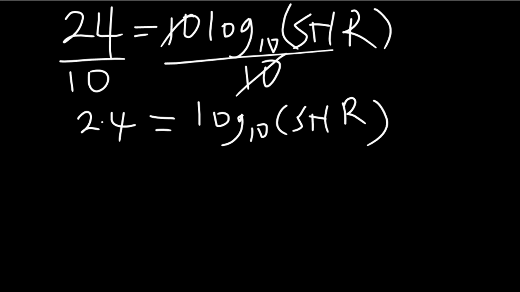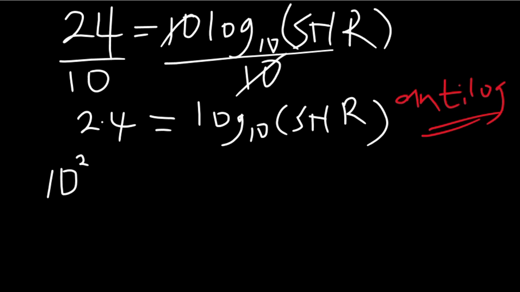We deal with what we call the anti-log. This is very simple with a calculator. The anti-log is going to give us shift plus log, which will give you 10 to the power, and then we bring the 2.4 there. So the anti-log is 10 to the power 2.4. Now we've made the SNR the subject.